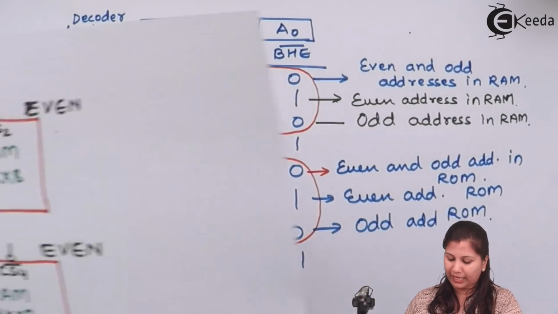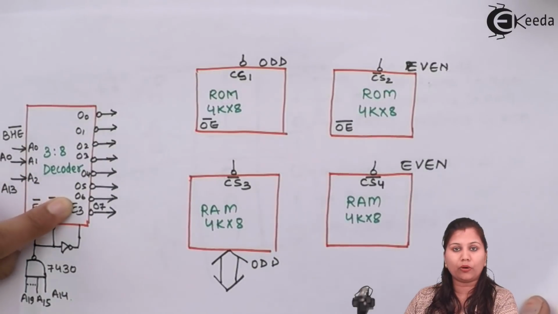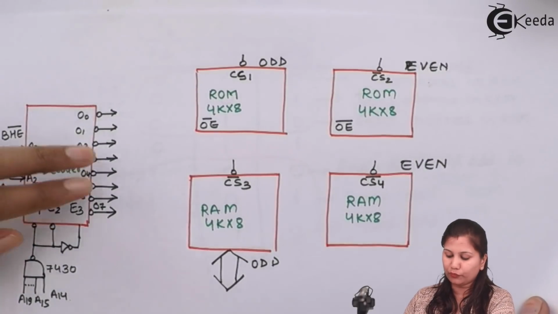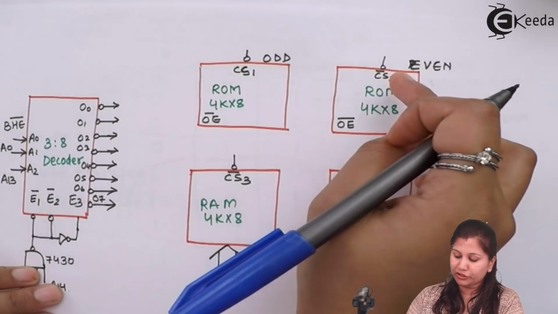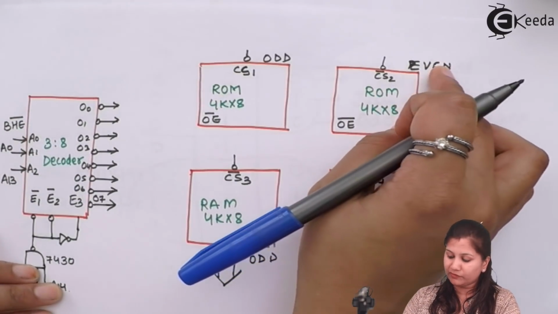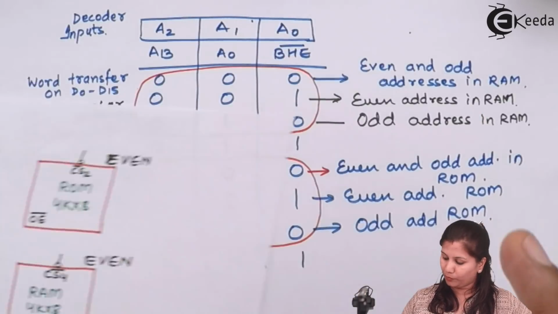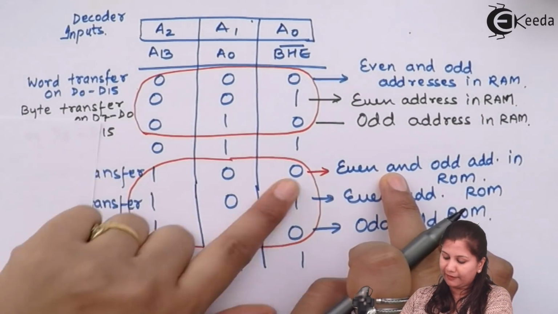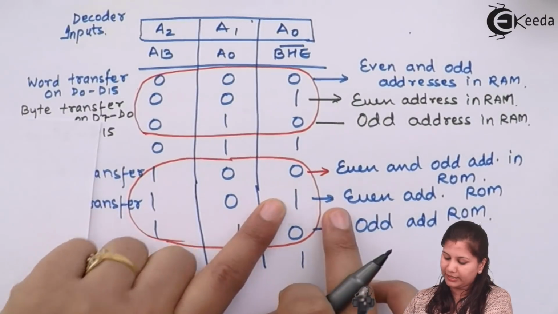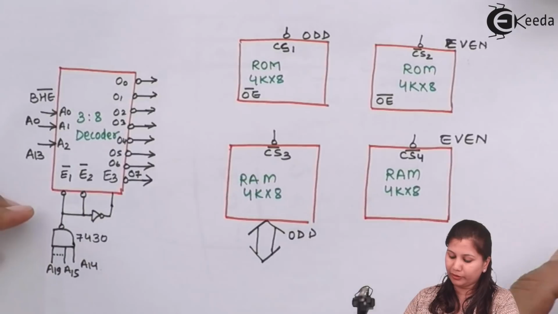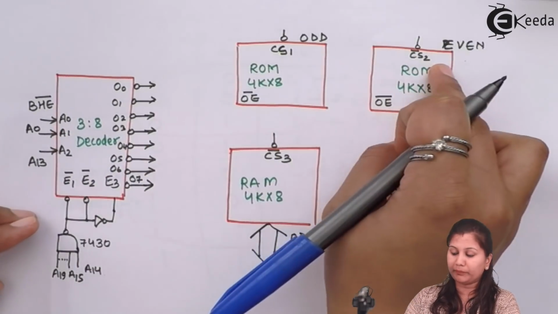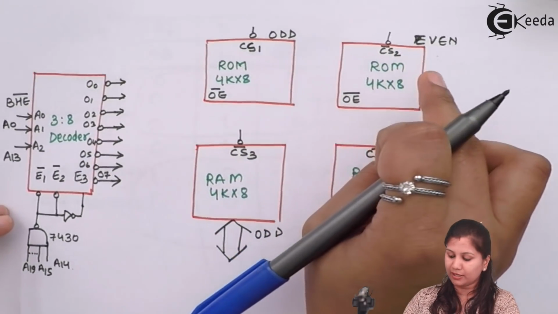So these 4th and 6th outputs of the decoder will be used to form the chip select signal for the ROM. Similarly, for chip select number 2, because we want the even address in the ROM, we will have 100 also and 101 also. So we will use the 4th and 5th outputs for forming the chip select signal for this ROM.